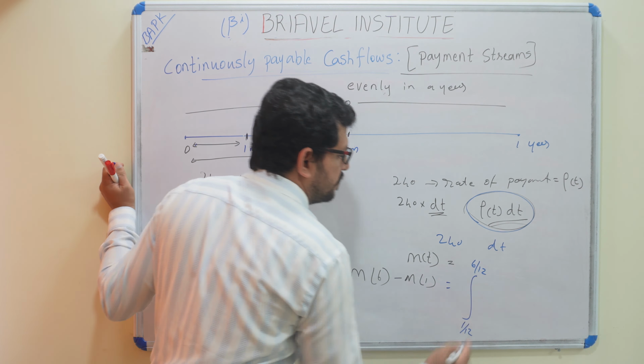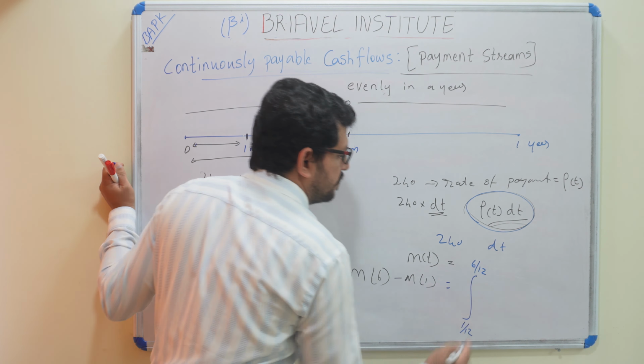If you integrate, we will get 521,800 t squared divided by 2, from 0 to 3, and we will get the answer. For the 3 years, we will collect the total amount of about 2,348,100.